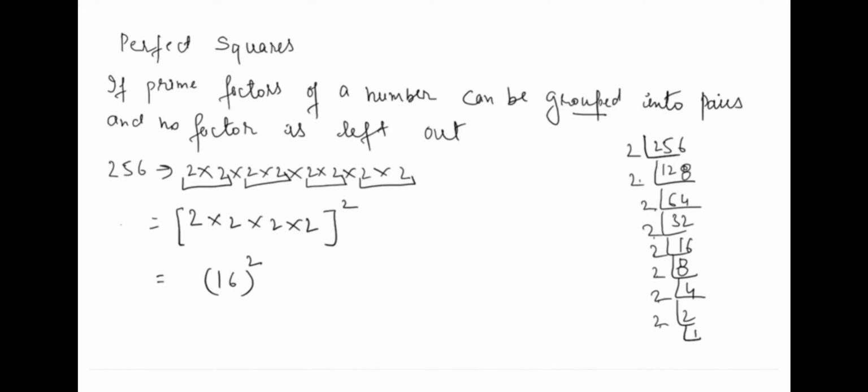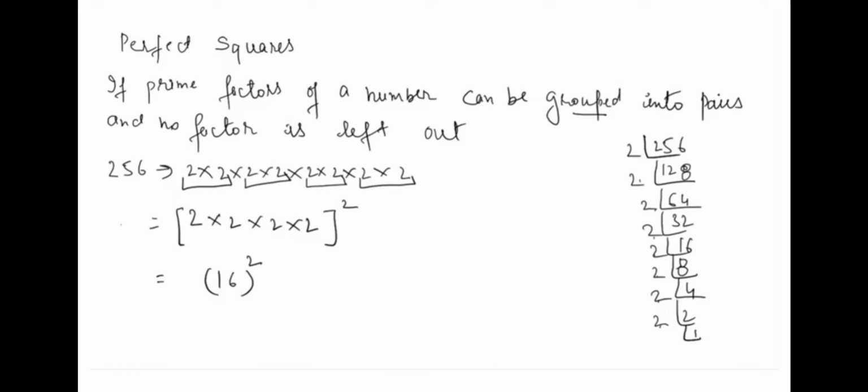So here what are we looking for, students? We are looking that no common factor is left out. Whatever prime factors we have, these are all grouped into pairs. So we can say that 256 is a perfect square number.